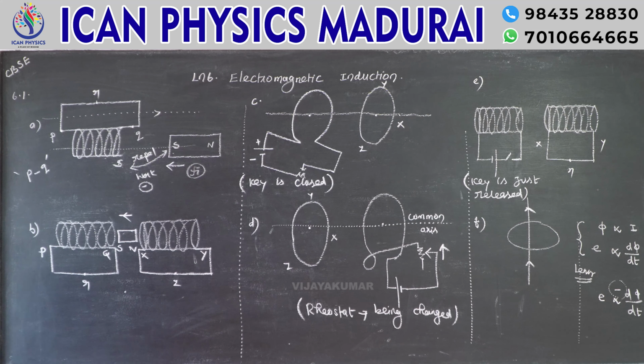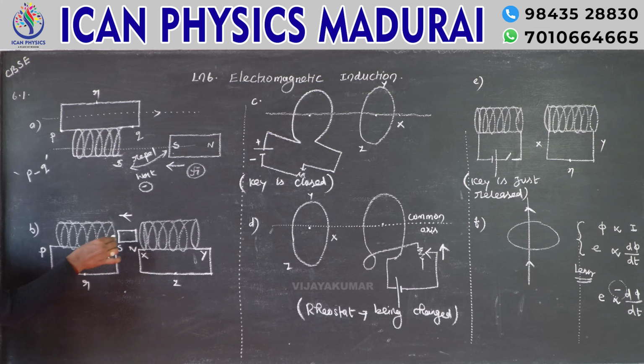No doubts. Okay, the second one, the same logic. The south pole is placed nearby the first coil. The first coil is also acting as a south pole. So, south poles repel each other. So, I must do some work against the repulsive force. So, see the arrow mark? Arrow mark is like this. So, the magnet is moving in this direction, so the induced current is flowing in this direction.